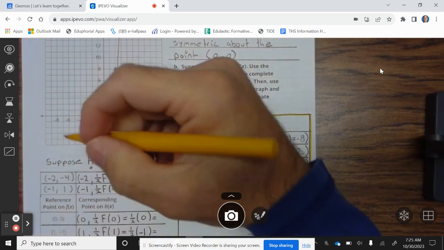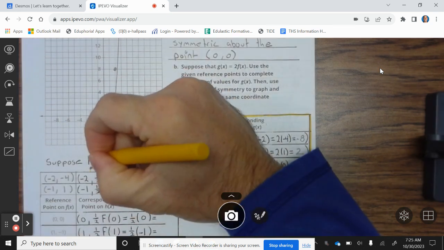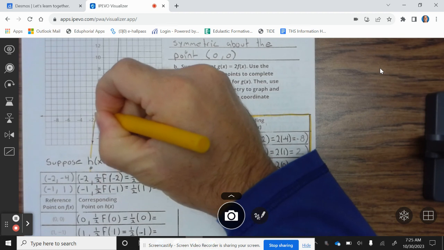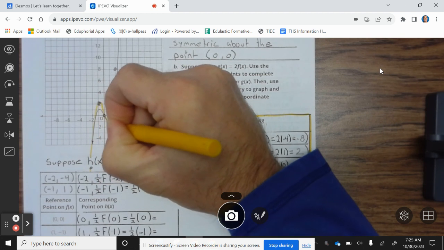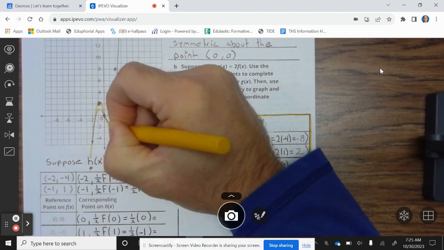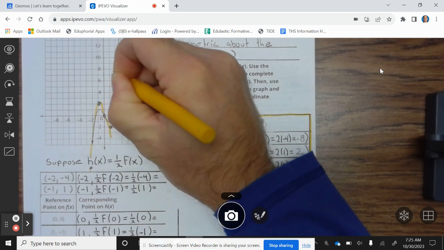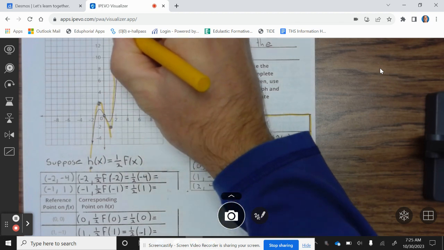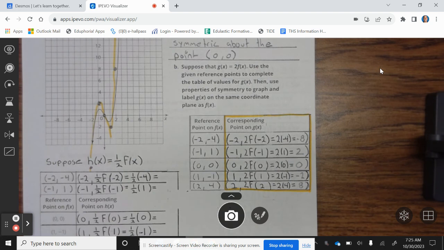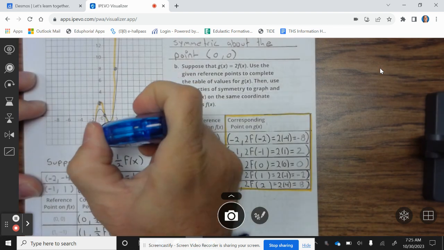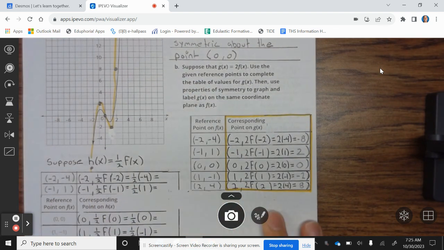So your graph looks like... I accidentally went down, so I need to fix that. There we go.